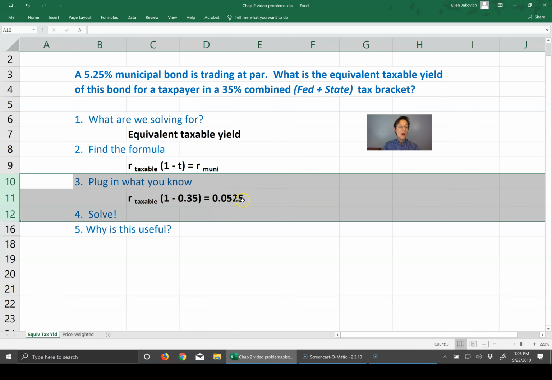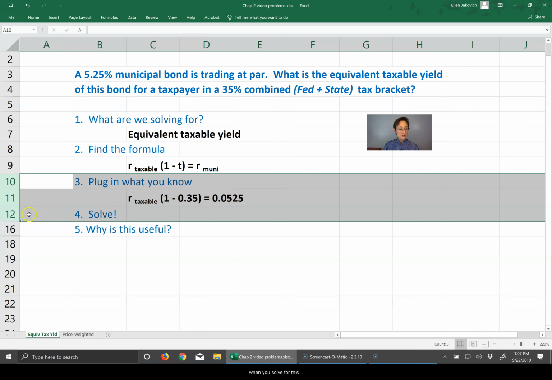Now take note, we don't use the percents. We use the decimal version of the percentages. So 35% changes to 0.35 and 5 1/4% changes to 0.0525. That's always going to be standard. Most of the problems you do in a finance class, you need to convert everything to decimal, work the problem, and then at the end you can convert it back to percentage points.